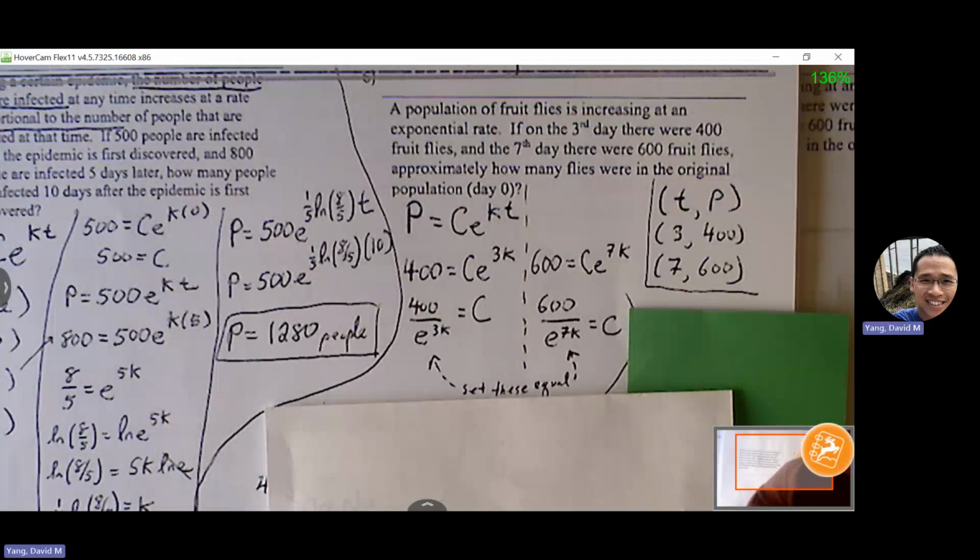We're going to have to use our 2 ordered pairs to solve for k. So if I rearrange the equation, C is equal to 400 over e to the 3k, and C is equal to 600 over e to the 7k. Set those equal, and then we can work towards solving for k.